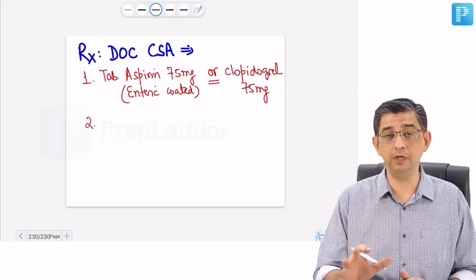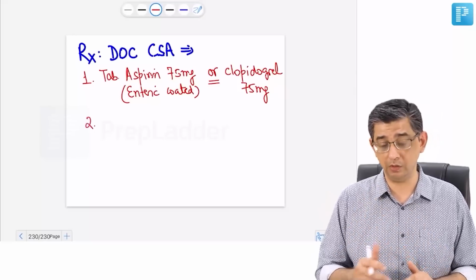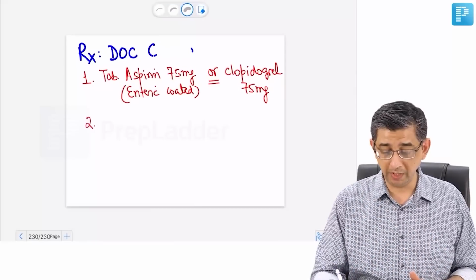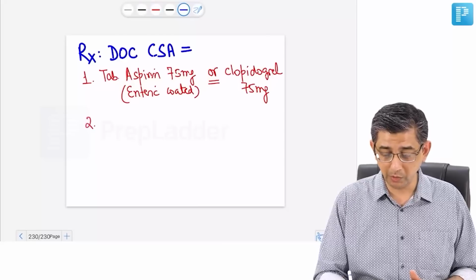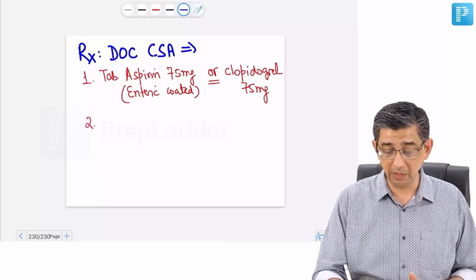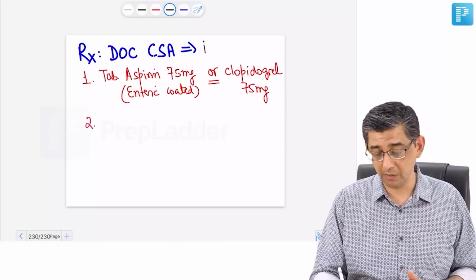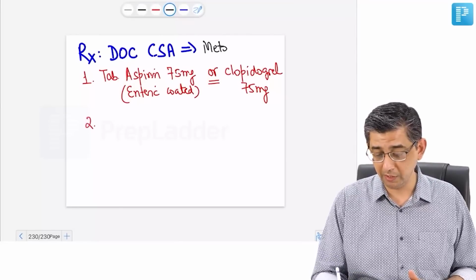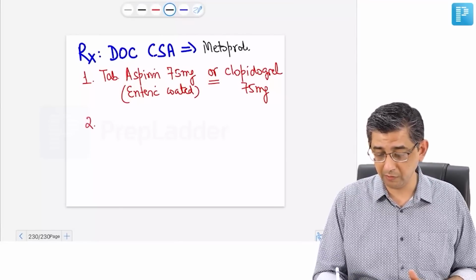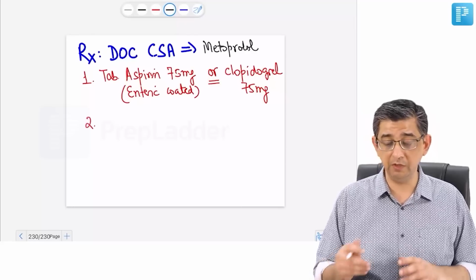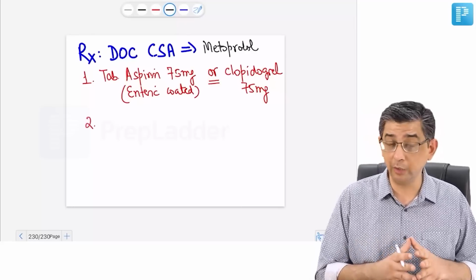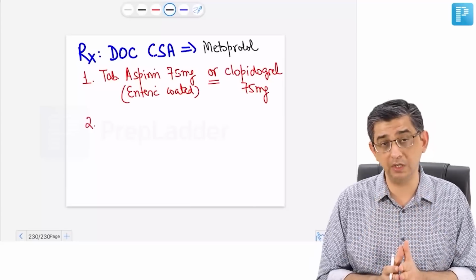Now I've given you sufficient time to ask you what is the drug of choice for chronic stable angina, and the bottom line is that this drug that I'm going to mention has been shown to reduce mortality. And when the answer will be a simple and a straightforward beta blocker, we have been using for a very long duration metoprolol, or we have newer derivatives like carvedilol available. But the objective is that when we will give metoprolol to the patient, it will reduce the heart rate, it will reduce the oxygen consumption of the heart.